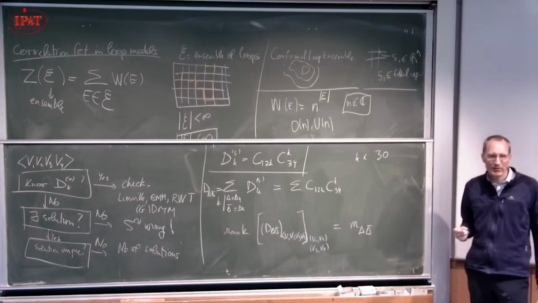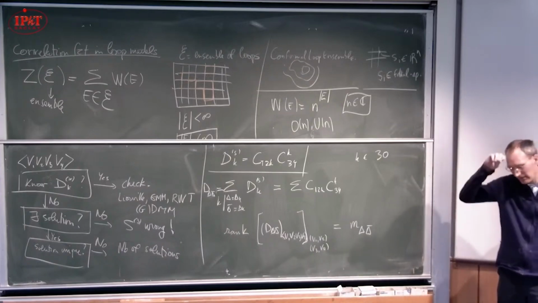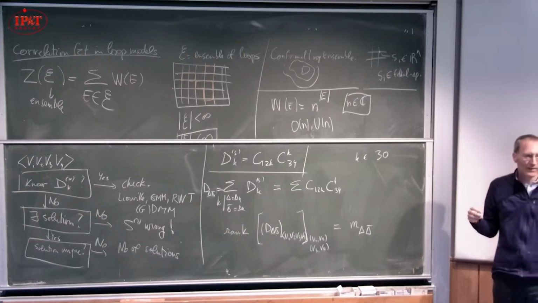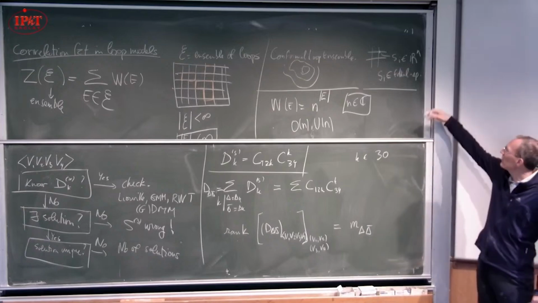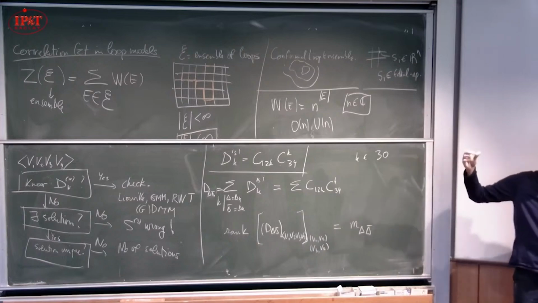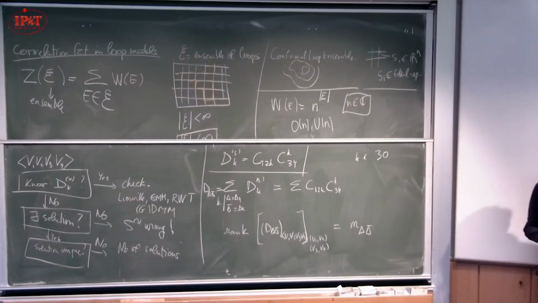You want only configurations such that you can orient each loop such that neighboring loops have opposite orientations. That comes from the U(n) symmetry, because in U(n) you have the fundamental and anti-fundamental representations, which are different, and you identify them with two orientations for loops.